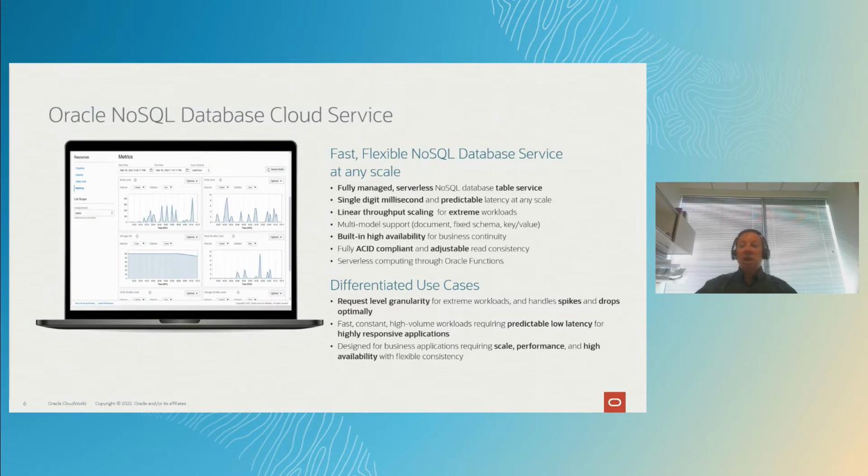These use cases rely on the different characteristics that we offer: reliability, scalability, predictability, availability, and performance. And within the console, you can monitor your table's usage of reads, writes, and storage. And this information is readily available at your fingertips.